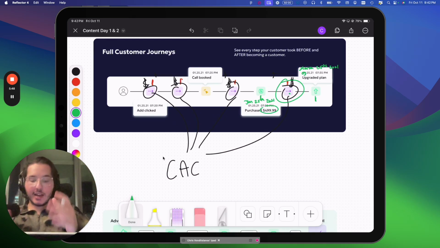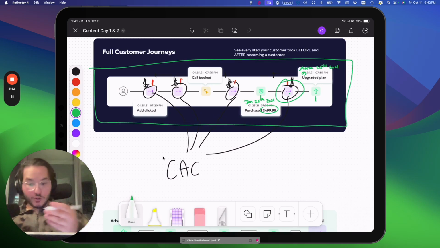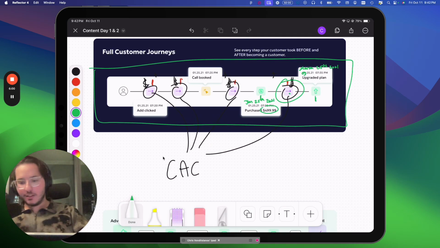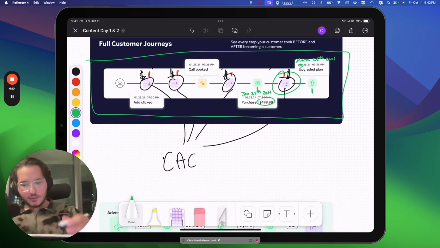But when you're looking at it in this entire journey, you're able to calculate it at a later date anyways, because you have all the data necessary if you are tracking it correctly, which I hope you are, because you probably watched day 1 and 2, and day 1 and 2 is telling you to do that in order to scale your marketing effectively. So those would equal your cost of acquisition.